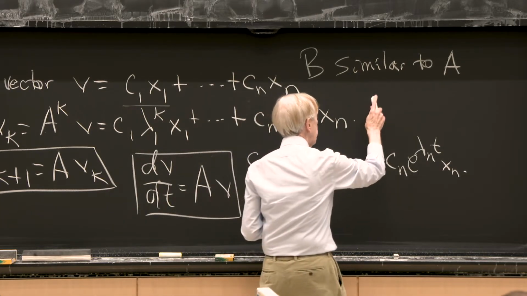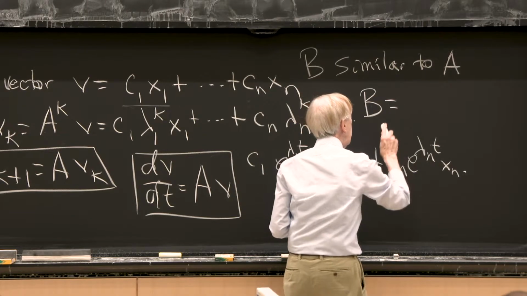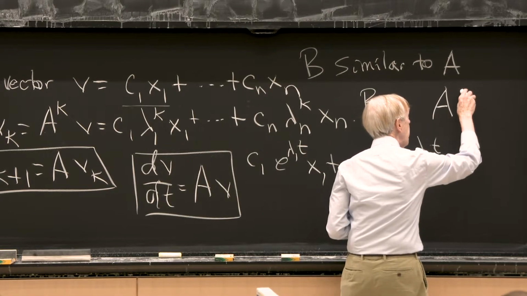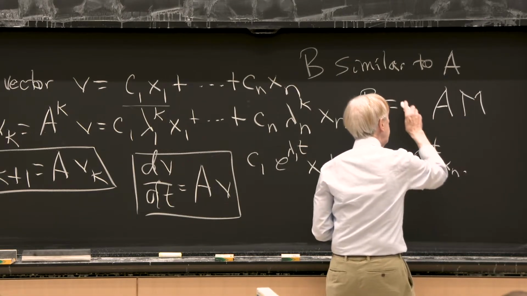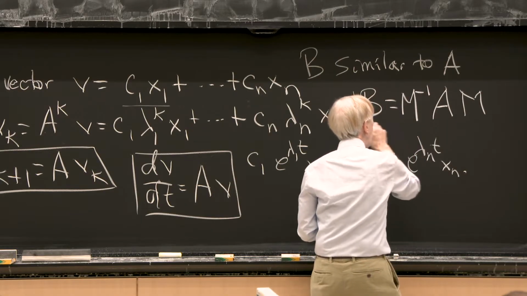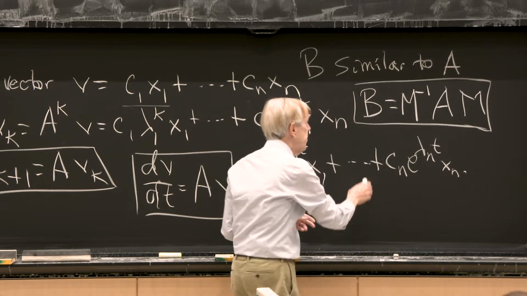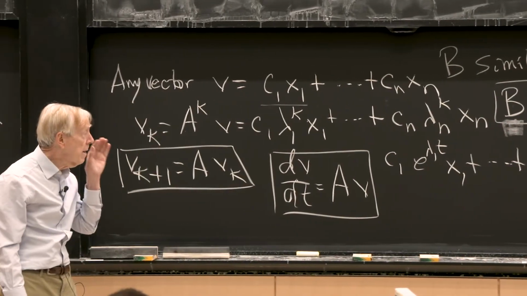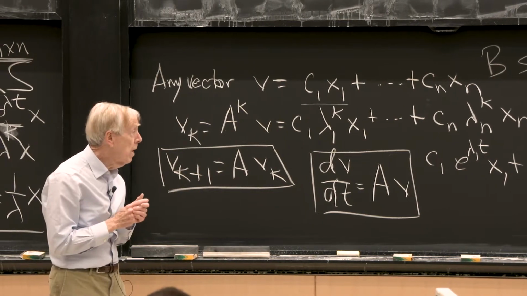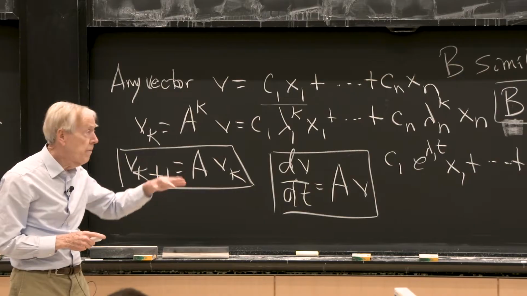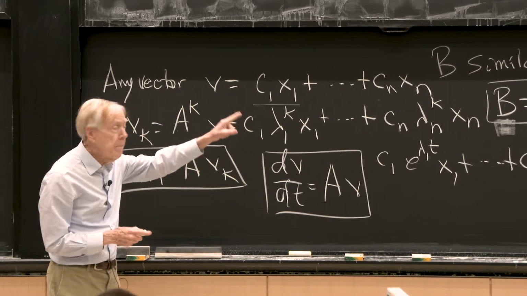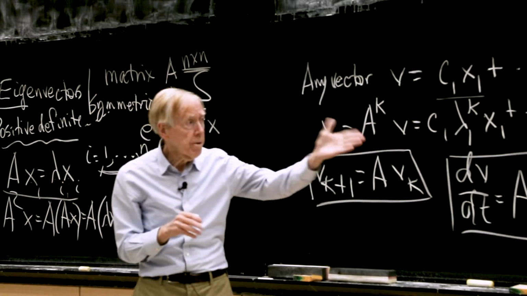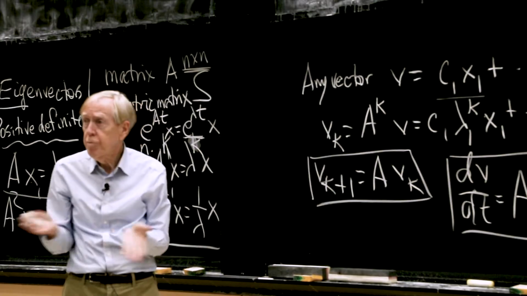It means that B can be found from A by, this is the key operation here, multiplying by a matrix M and its inverse: B = M inverse A M. When I see two matrices, B and A, connected by that kind of change, where M could be any invertible matrix, then I would say B is similar to A. That appearance of M is pretty natural.